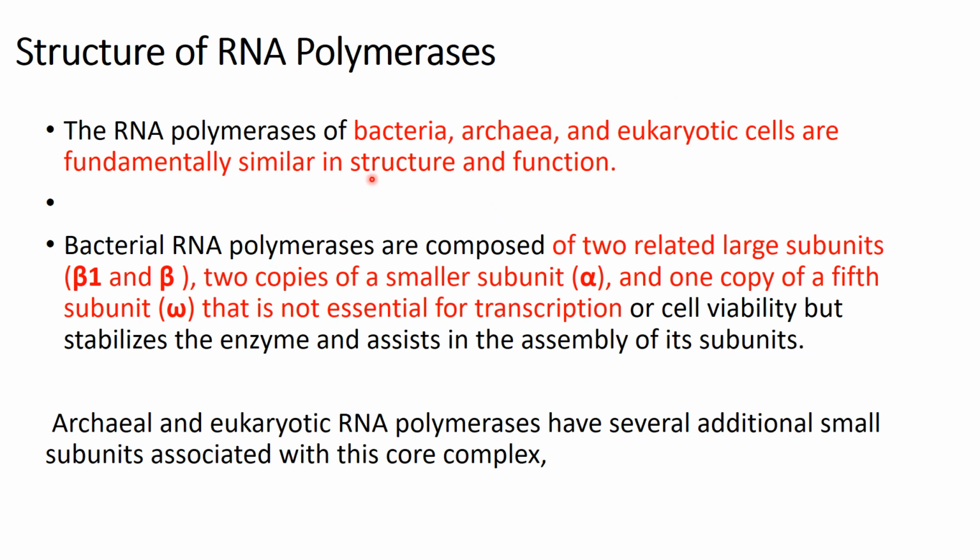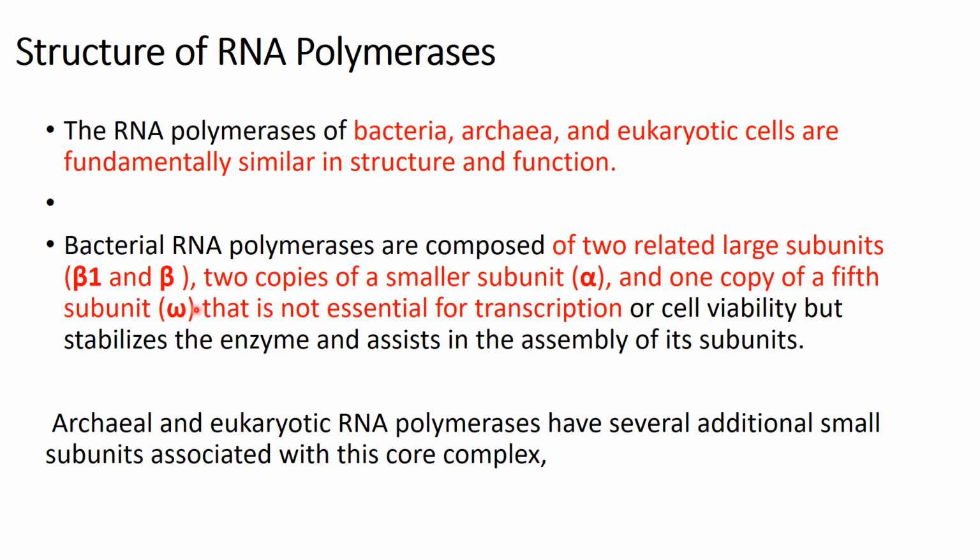Fundamentally, RNA polymerase is similar in all the classes, eukaryotic and prokaryotic. But apart from that, there is a slight difference. For example, bacterial RNA polymerase is composed of two large subunits, beta 1 and beta, two smaller subunits of alpha, and one copy of a fifth subunit, omega.